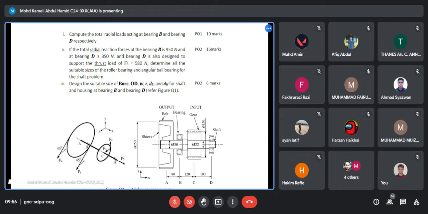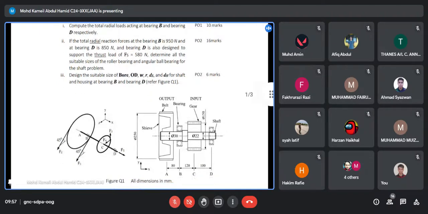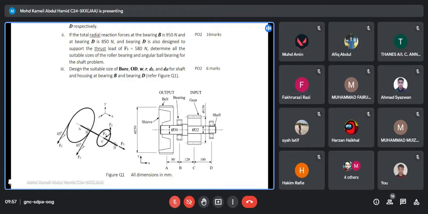Which bearing? Bearing B and bearing D. Bearing D supports the thrust load. Then the third part, design the suitable size of bore, OD, W, R, DS and DH for shaft and housing at bearing B and bearing D. You just need to select which series.